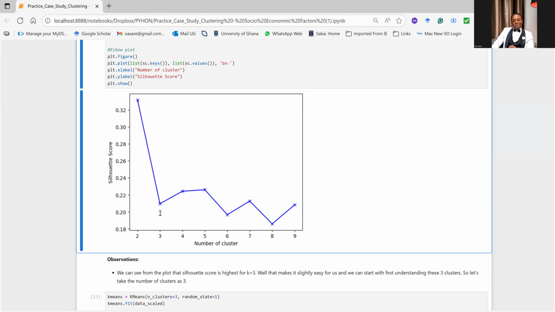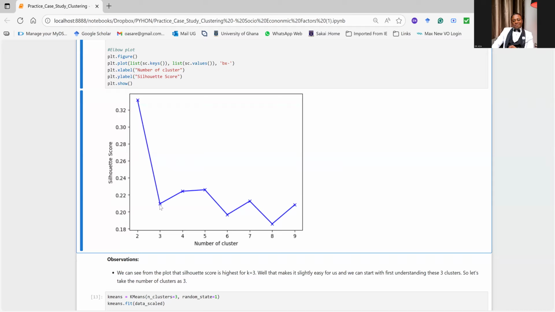And even though you see that if you take it from 2 to 3, after 3, there is a clear elbow. Of course, it goes up and comes, but there's a first one that you're looking for. So you can see from the score that the highest cluster should be at cluster 3. Even though the thing rises, that is the first one.